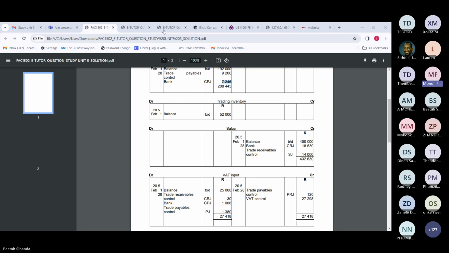Can we please try to use the split screen, because while other students are trying to figure it out, you need to see the 20,000 where it's coming from. Sometimes please use the split screen so that you can see everything.